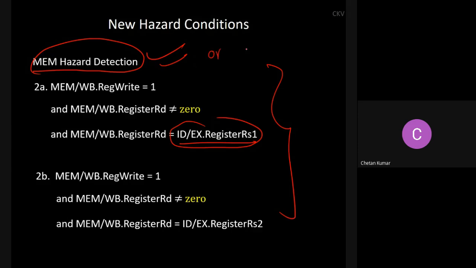Or are they wrong? Can somebody tell me where they could go wrong? Missing one part? What do you mean by missing one part? Doesn't check for RS2? It is checking for RS2.